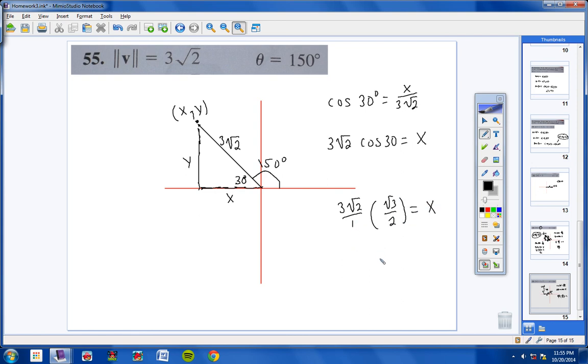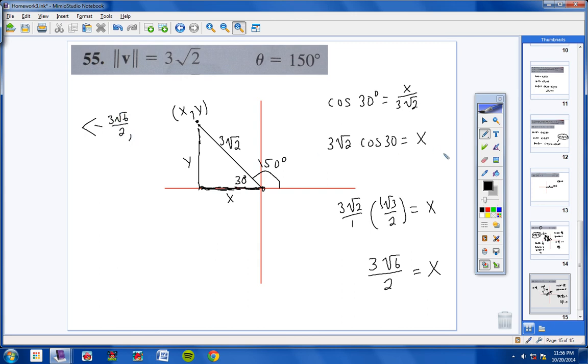Remember there's a 1 in front of this radical, so we have 3 times 1 is 3, 2 times 3 is 6, square root of 6, over 1 times 2 is 2. Now students, please remember you don't reduce an inside number with an outside number, so it stays just like this. And remember, we're going from here over to here, so that's negative, to the left of the x-axis. So far, our component form is negative 3 square root of 6 over 2.